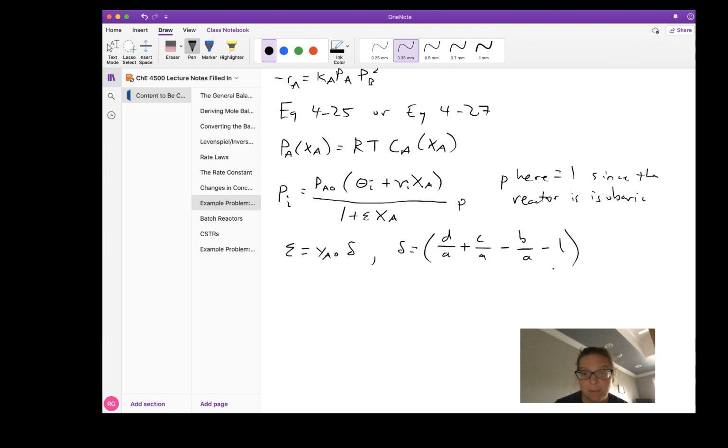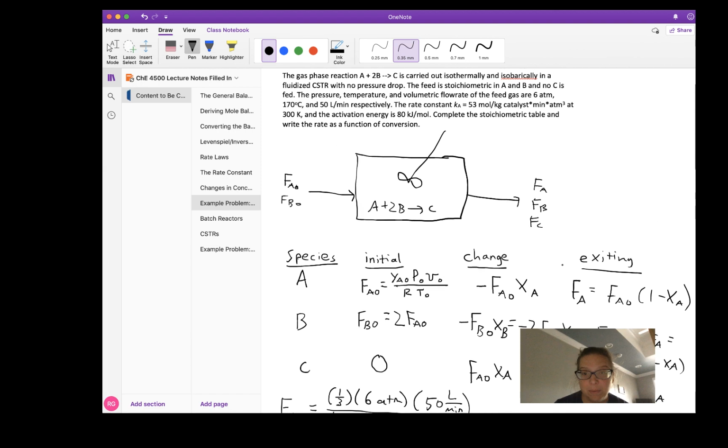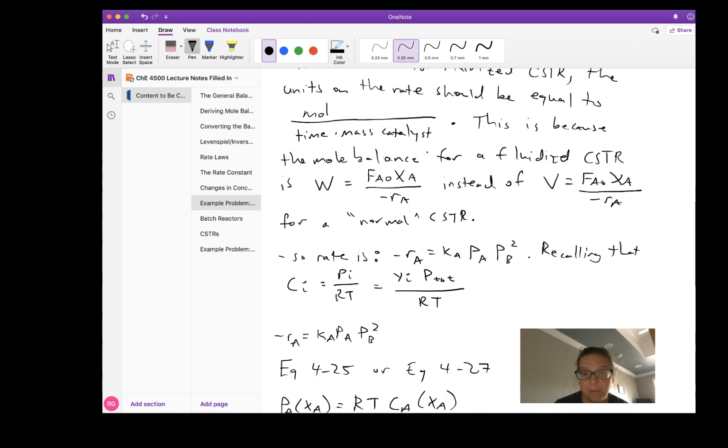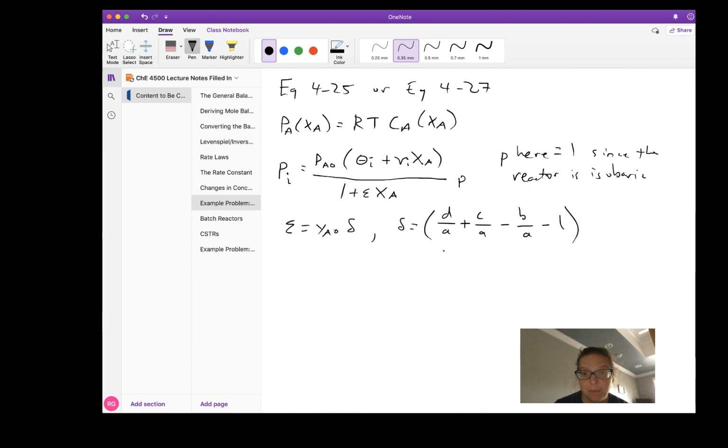In this case, the reaction is A plus 2B goes to C, so there is no D to speak of. The stoichiometric coefficients on A and C are the same. The coefficient on B is 2, and on A is 1. So delta is equal to -2. Hence epsilon is equal to -2/3, since I've already solved for the initial mole fraction of A.